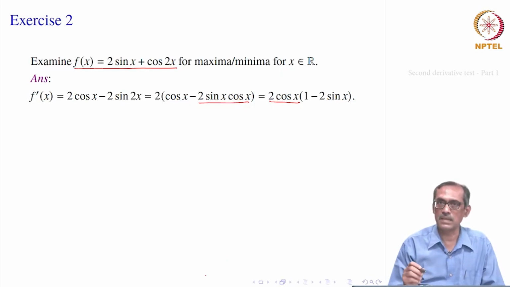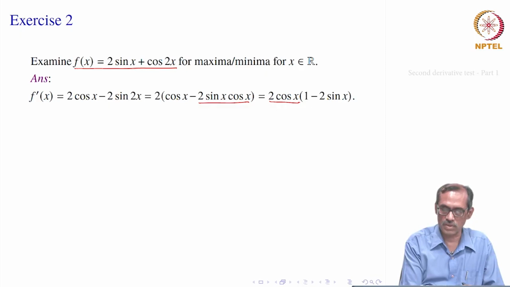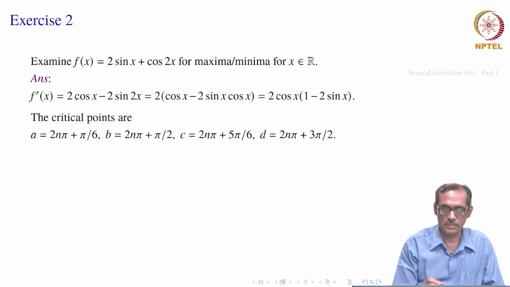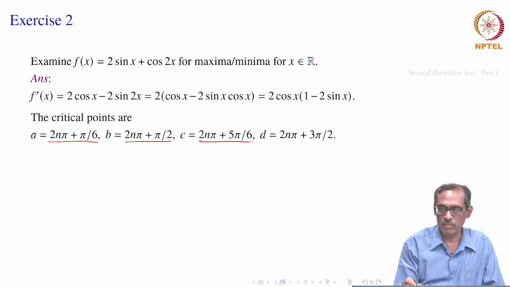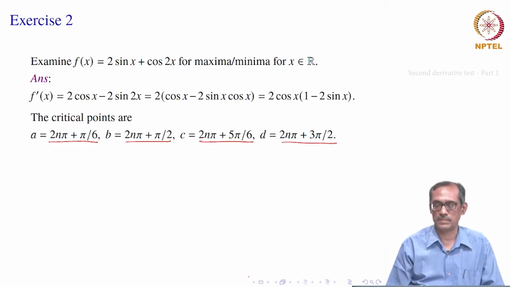We want to find the critical points. So, where is this 0? Where cos x is 0, or where sin x equals half. So, the points are 2nπ + π/6, 2nπ + π/2, 2nπ + 5π/6, 2nπ + 3π/2.